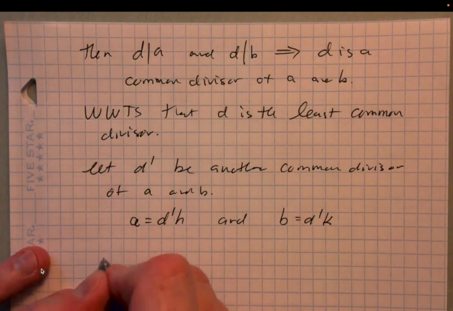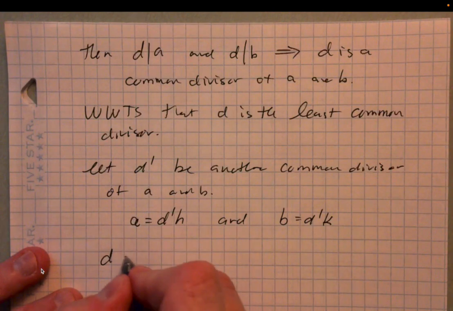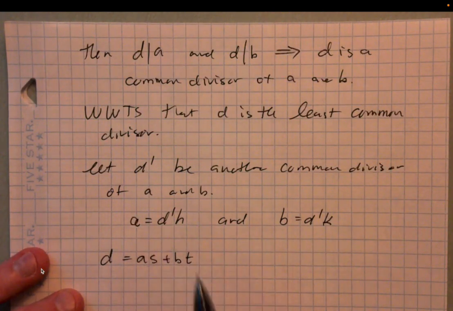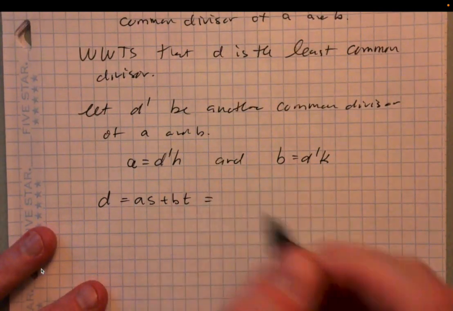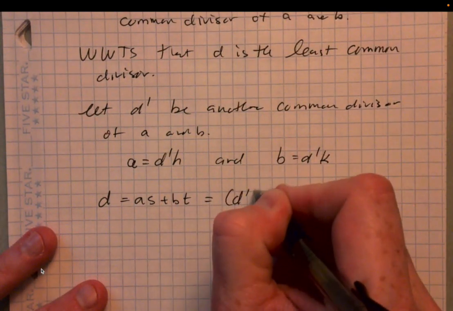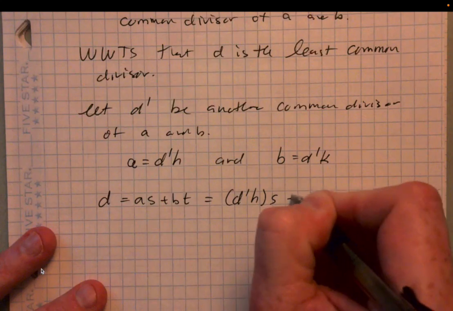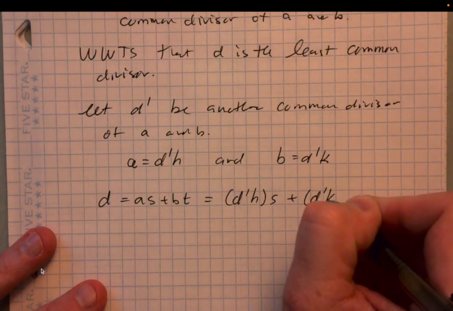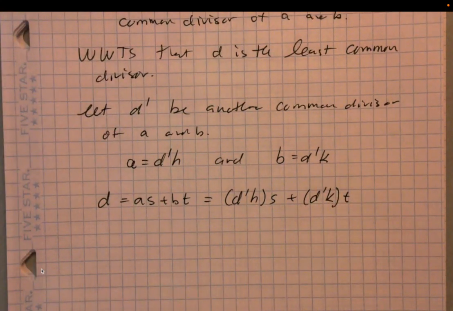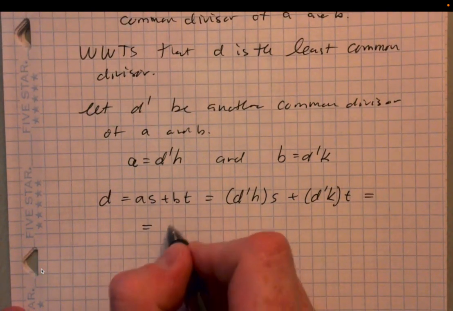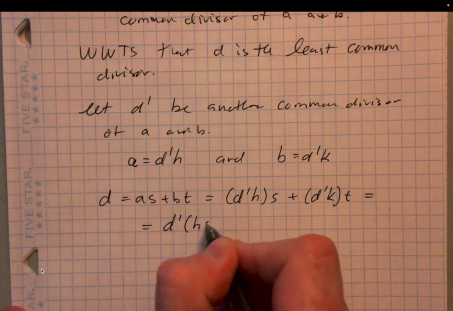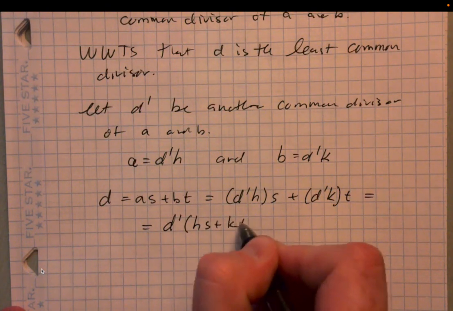Now D itself has the form AS plus BT, right? And so this is going to be equal to D prime H times S plus D prime K times T. And so we can clearly rearrange some things here and factor out the D prime, and we get D prime times HS plus KT.